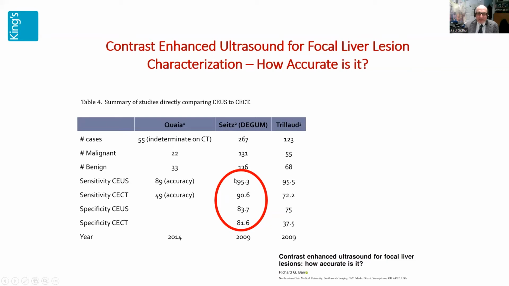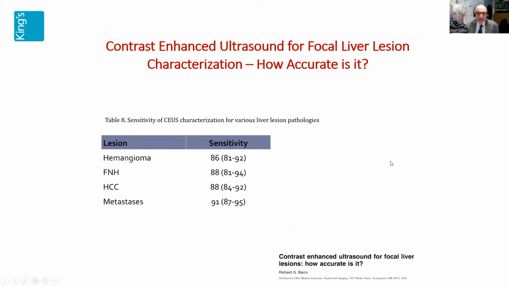And you can see here that CEUS outperformed CT both in the sensitivity and the specificity of a focal lesion. So the evidence is there that it's both sensitive and specific. It is better than baseline ultrasound and is equivalent to a contrast-enhanced CT.